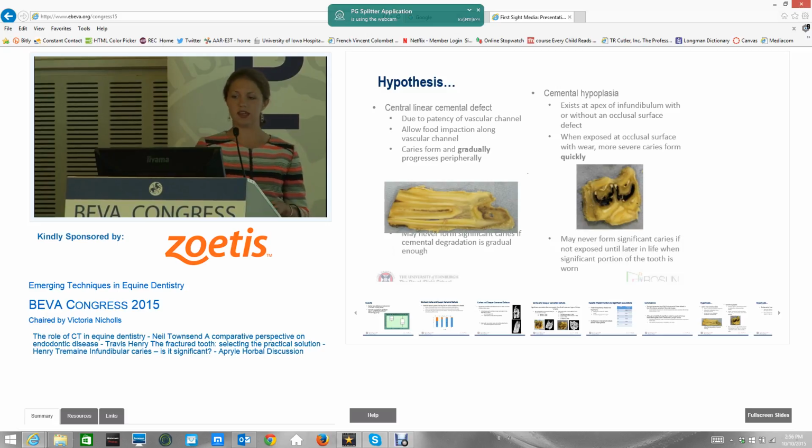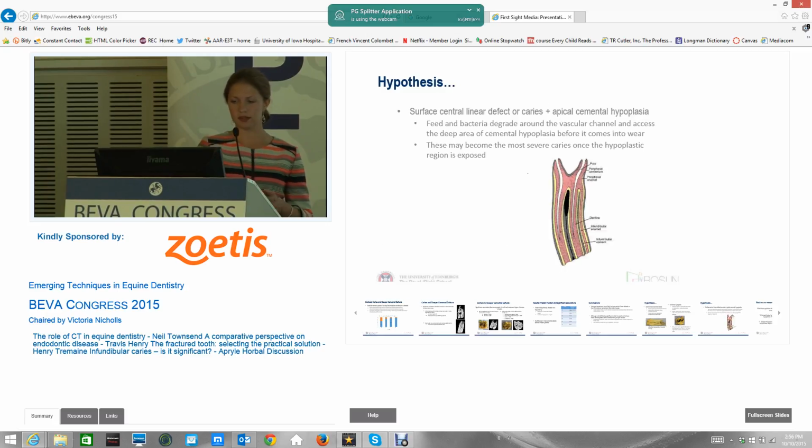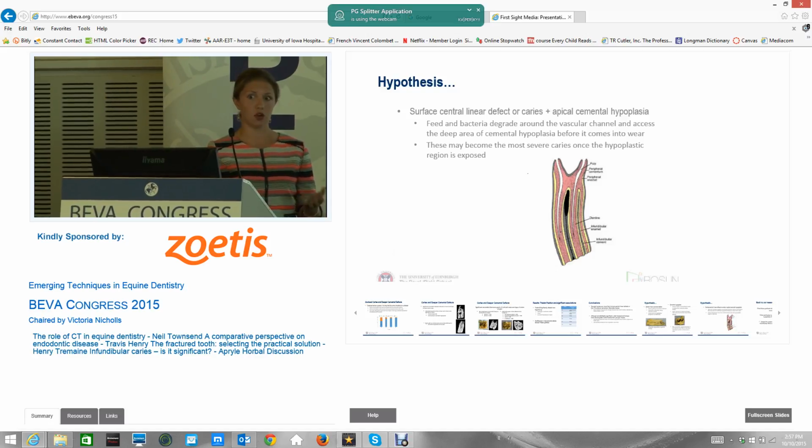However, this is, I think, where we need to worry, and these are the kind of defects I think we need to worry about when they have a central linear defect plus this hypoplastic area, because it means that food may impact the whole way to the apex of the infundibulum before that large defect is ever even exposed. And so when that defect becomes exposed, the caries may already be quite severe.